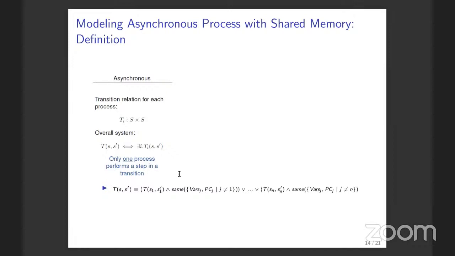Basically, what you have to do is say that the combined transition system will be S cross S. Okay. So each TI will have its local component and shared component.